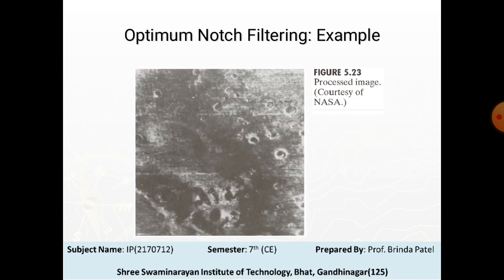This figure shows the processed image obtained by using the equation. So the periodic interference was removed for all practical purposes.